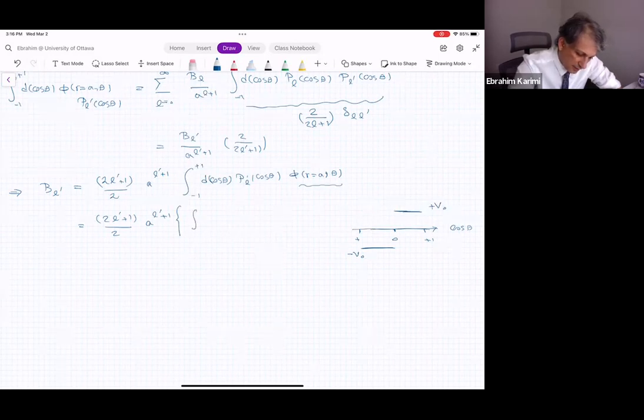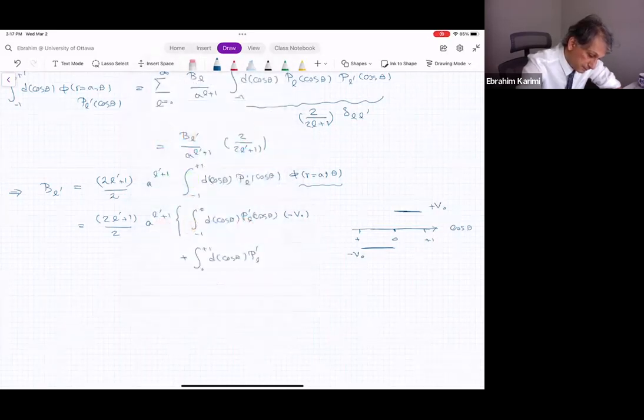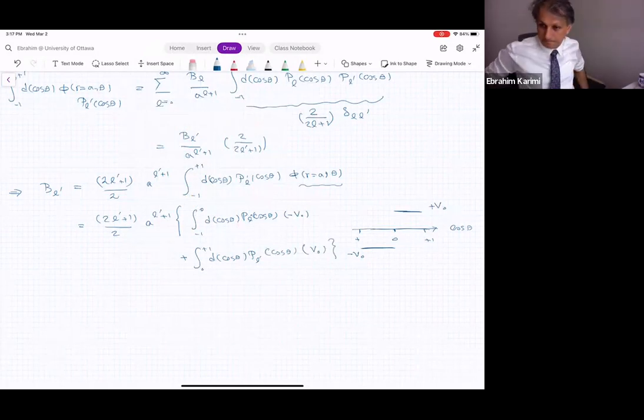One is the integral of -1 to 0 of d cosine of theta, PL prime of cosine of theta, and the potential for this range will be negative V0, plus the integral of 0 to +1 of d cosine of theta, PL prime of cosine of theta times V0. So far, so good, right?